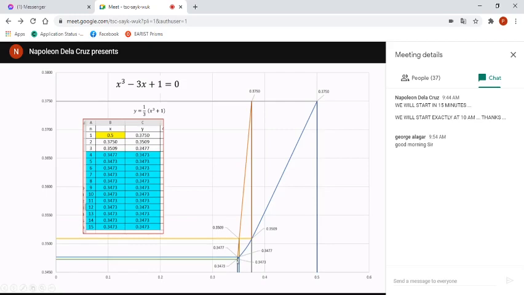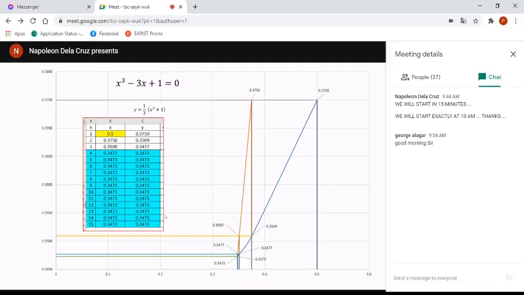Wala nang ibang solusyon kung hindi iyon. Doon na lang matatapos ang ating iteration, doon sa 3473. Okay? Ganyan din ang gagawin natin doon sa dalawang assumed root.